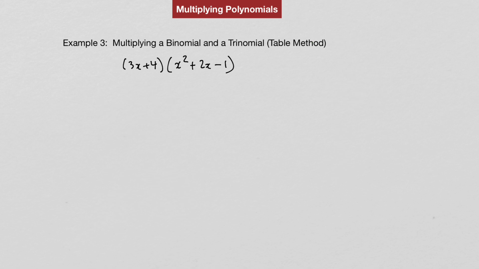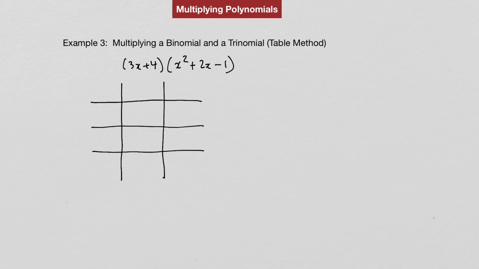So now we're going to look at example 3, where we are multiplying a binomial and a trinomial. The first thing that we're going to do is use the table method. Here we have a table, and we can write out the components: 3x and 4 for the binomial, and for the trinomial, x squared, 2x, and then -1. If we multiply this out, x squared and 3x gives us 3x cubed.